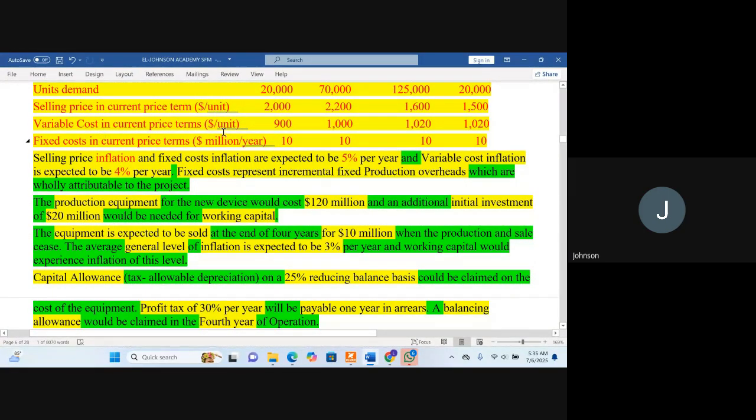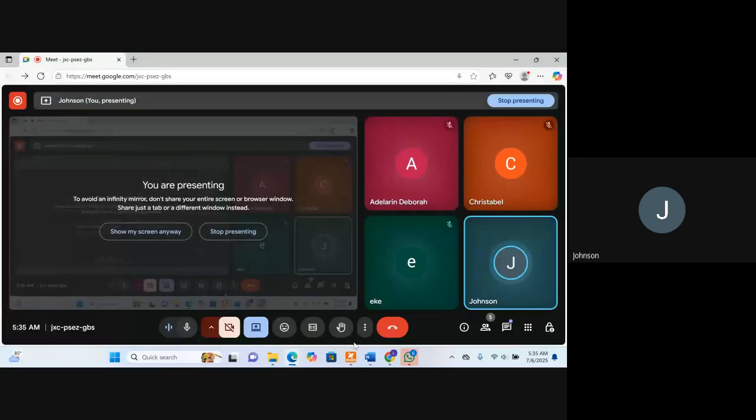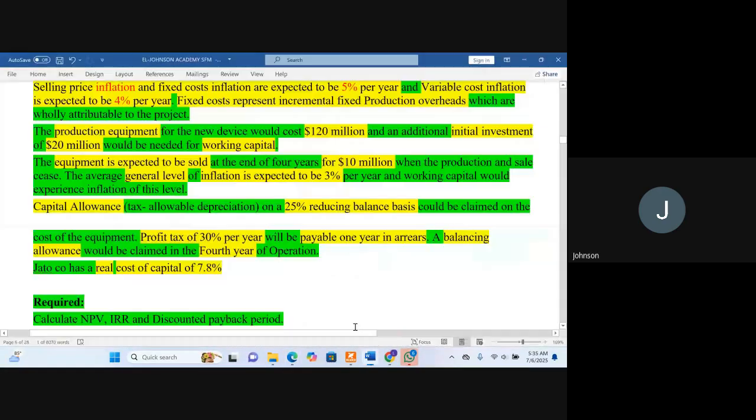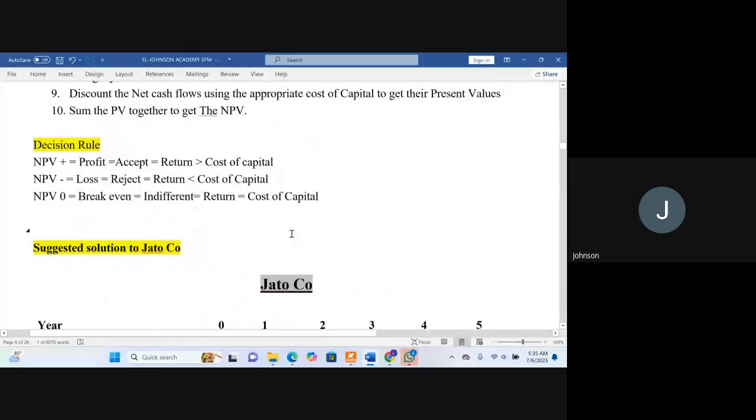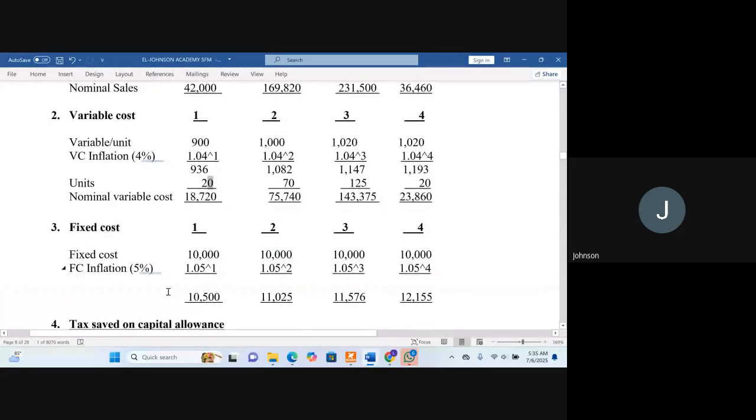Your fixed cost is here, and it's in millions per year. Because 3 zeros will be up, we now have 10,000, 10,000, 10,000. They are all in millions. Then our inflation rate is 5%.